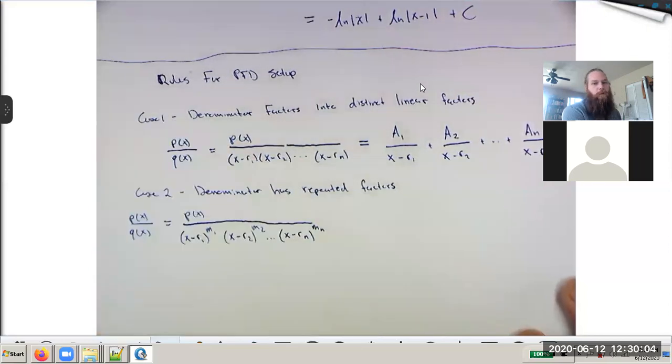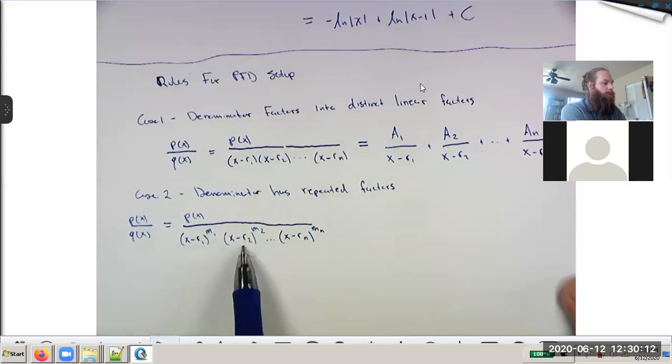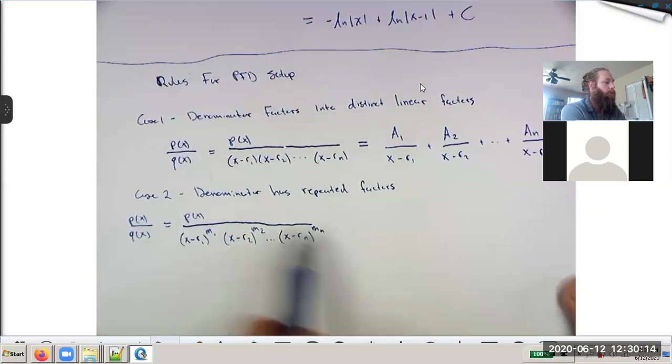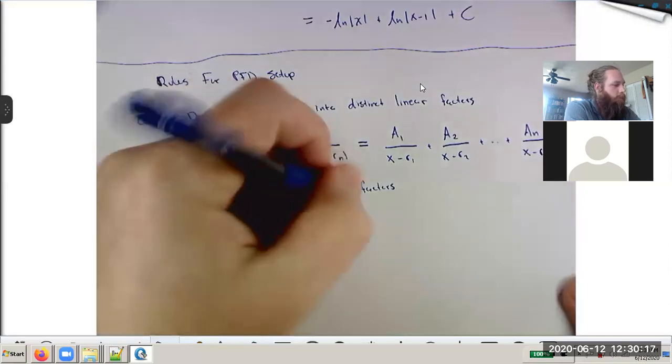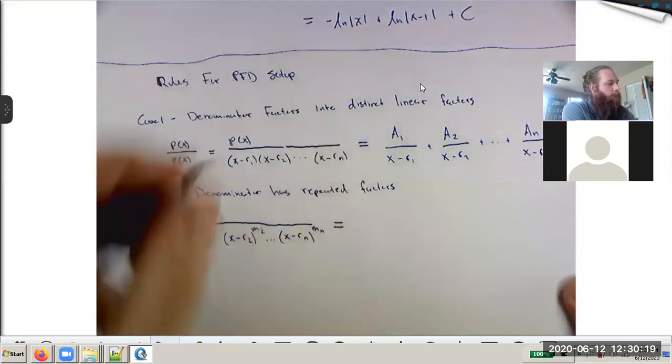I'm using m here for multiplicity. If you have a repeated factor like that, then each one of these is going to get a bunch of different things. We have to build up.